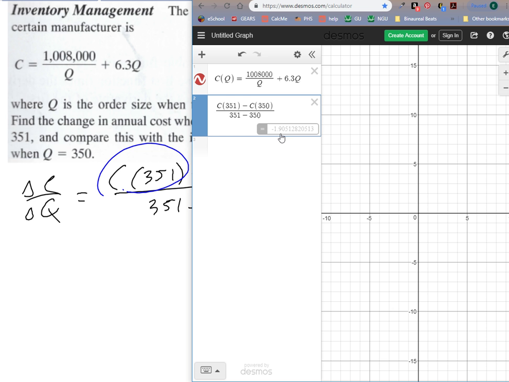Okay? So let's find the derivative, and we'll come back to that.